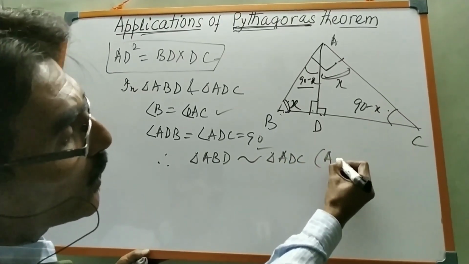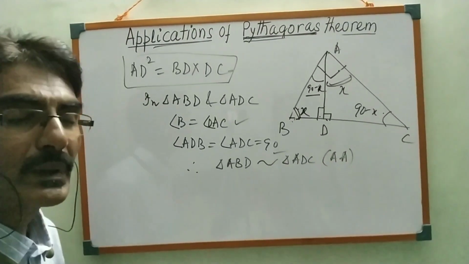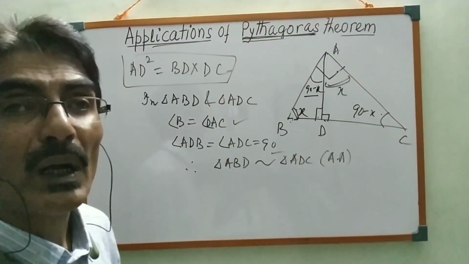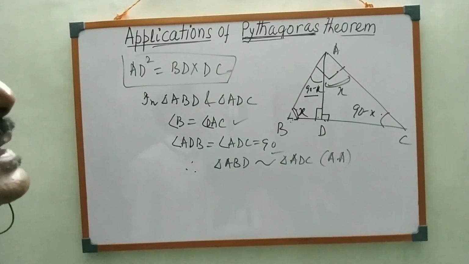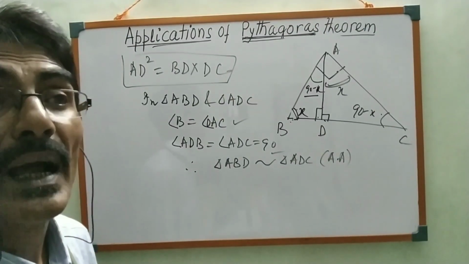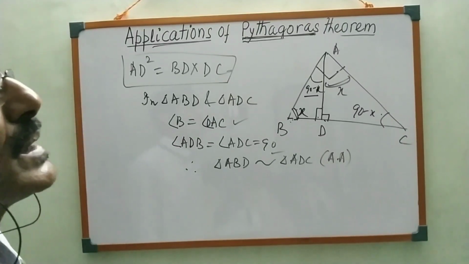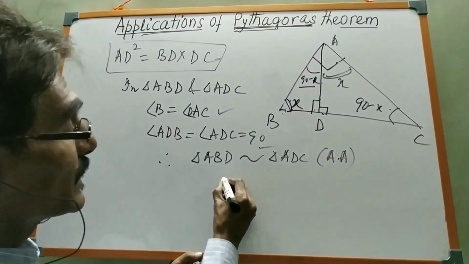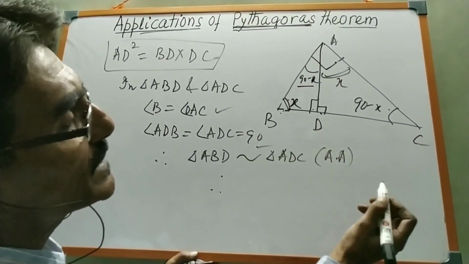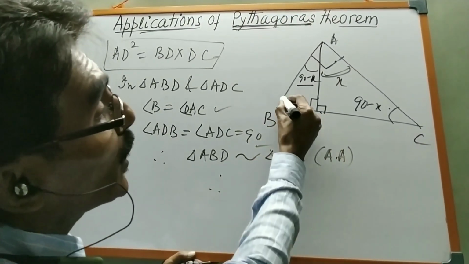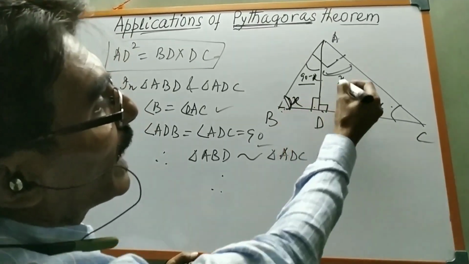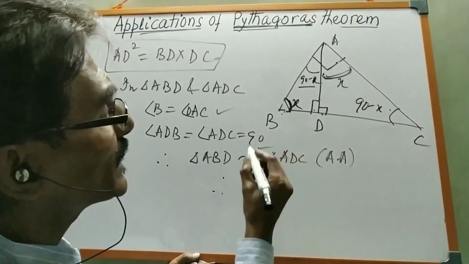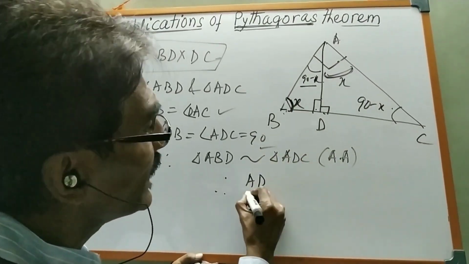The property you know, the angle property. Now, when two triangles are similar, what is the result, as you have been doing from the first day? The ratio of their corresponding sides must be equal, or the corresponding sides are proportional. Take the sides. In front of angle B, the x, and here is angle x. So opposite of this angle in the first triangle, we get the side AD.